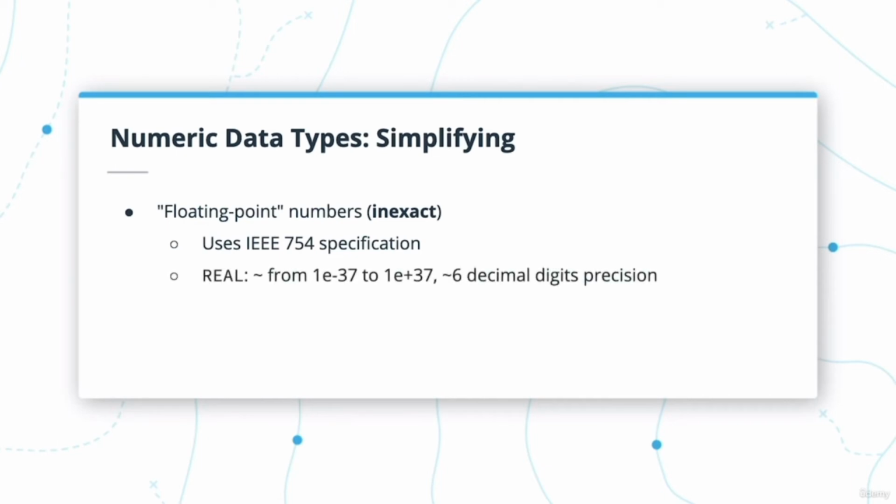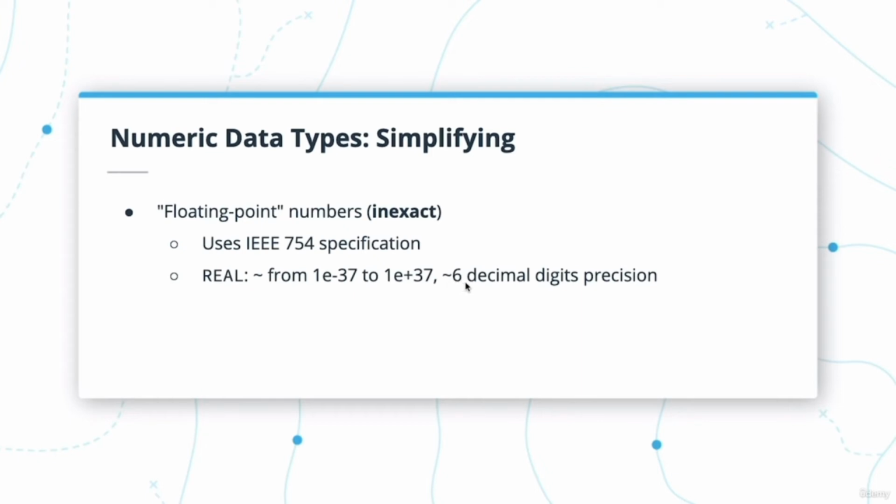And in terms of Postgres, we actually have 2 types to represent these so-called inexact floating point numbers. We have the real data type, which can represent a number with a 0 dot followed by 37 zeros, up to a 1 followed by 37 zeros. So very, very small and very, very big numbers, but with only about 6 decimal digits of precision.